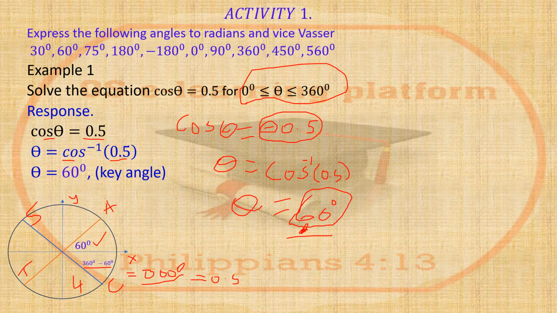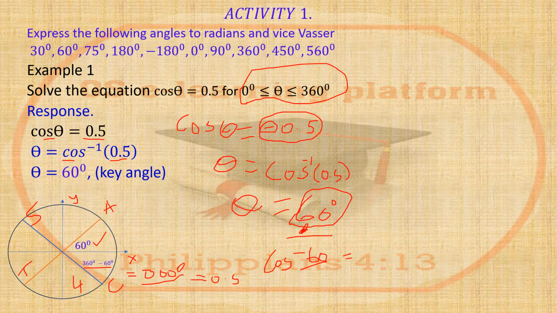However, for cos, it is quite tricky, because even if you take cos of negative 60, you still get a positive 0.5. So cos of a negative is the same as cos of a positive. But even if it is a cos, there are possibilities of us ignoring the key angle on a condition that the given range does not consider negative angles.